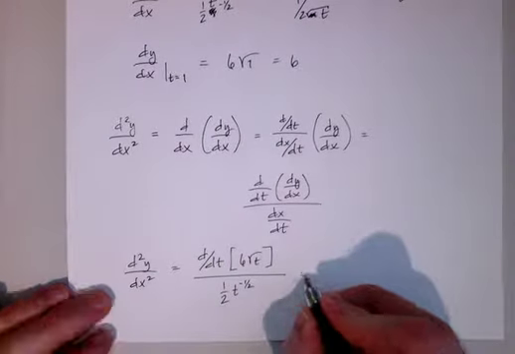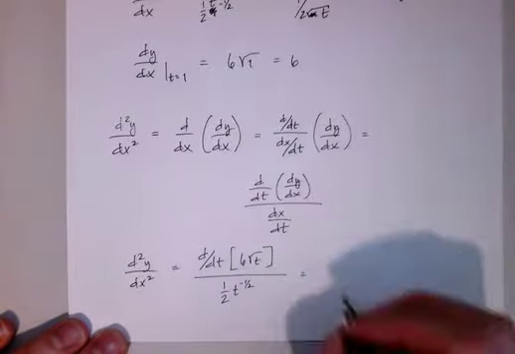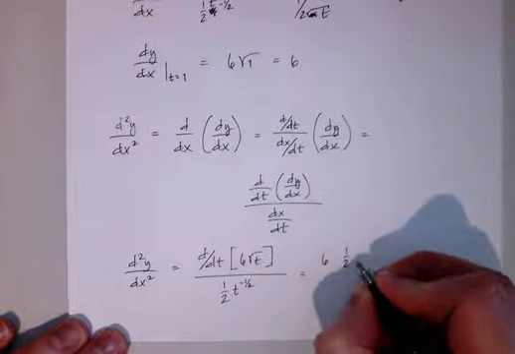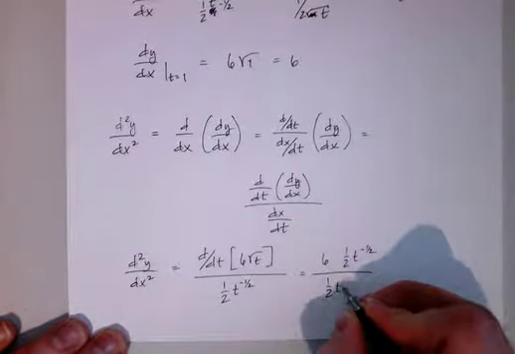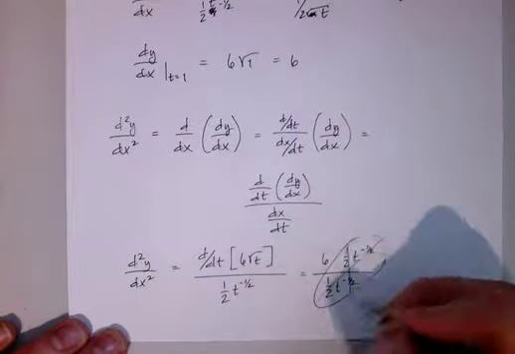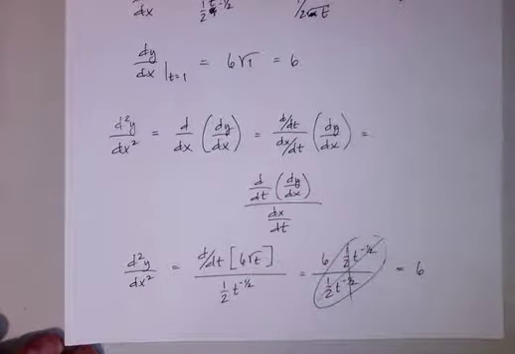This is the same derivative, just multiplied by 6. So what you have here is 6 times 1/2 t to the negative 1/2 over 1/2 t to the negative 1/2. That cancels, and what you just get here is 6.